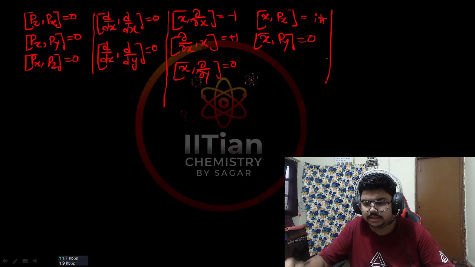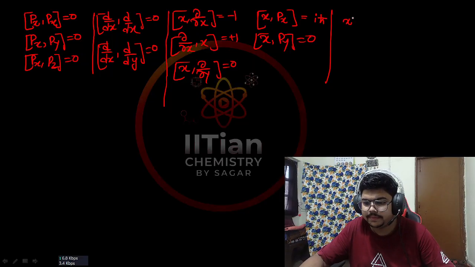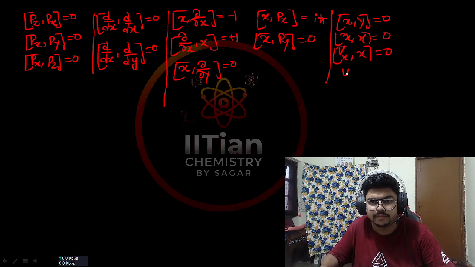This is another property. Then multiplication as an operator: x y will be 0, x x will be 0, v x will be 0, v y, x will be 0, right?